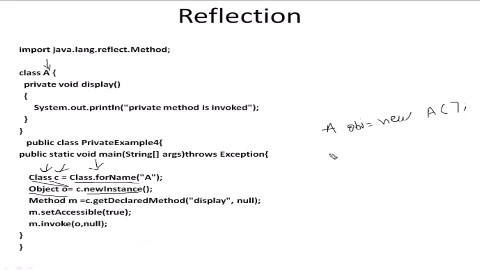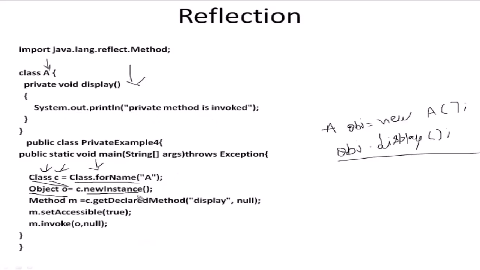For example, if you want to access this particular method, what we are going to use is obj dot, what is the method name? display. Whenever you call obj.display, it is going to invoke this particular method. It is going to print System.out.println, private method is invoked.